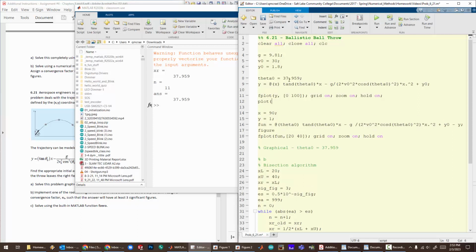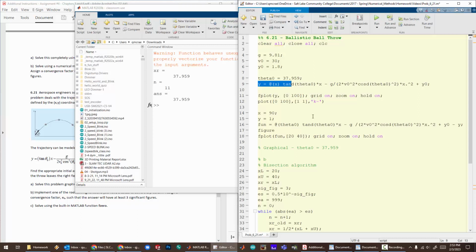And just for giggles, I'm going to plot from 0 to 100, and I'm going to plot 1, 1. So what I'm doing is plotting just a black straight line at a height of 1 across the whole thing. And the point is that with this angle at 90, this function should cross at that point.